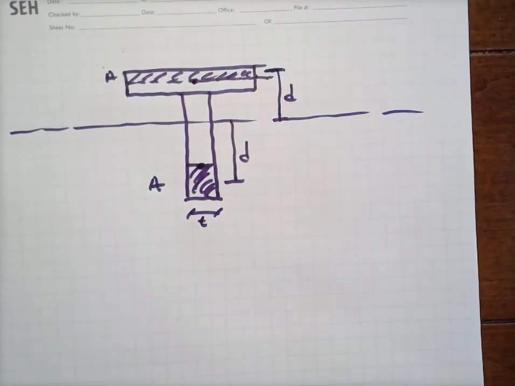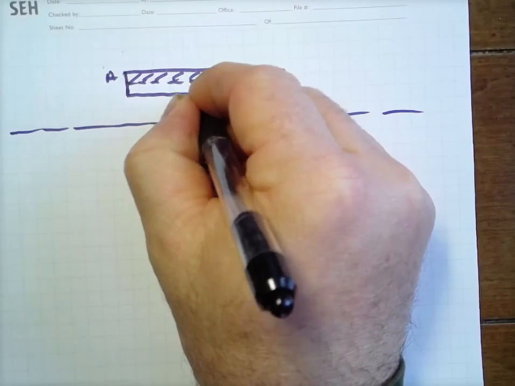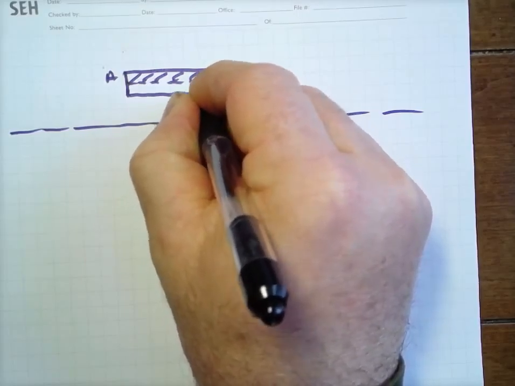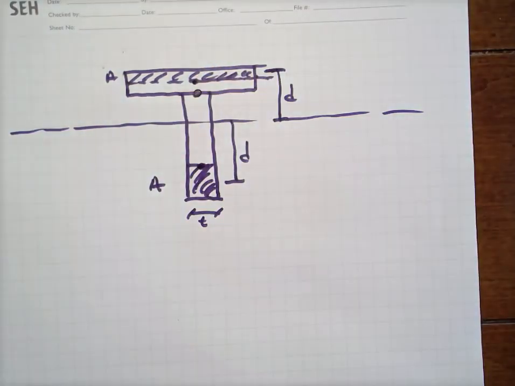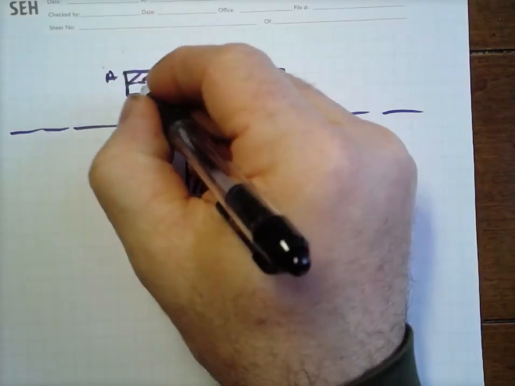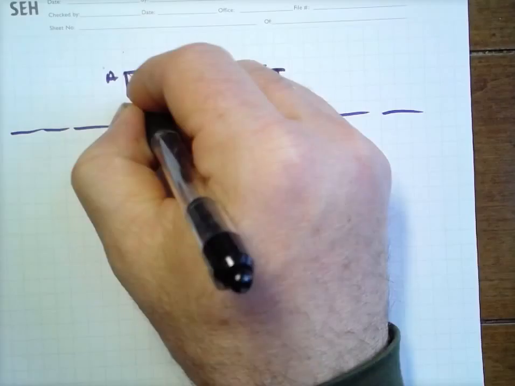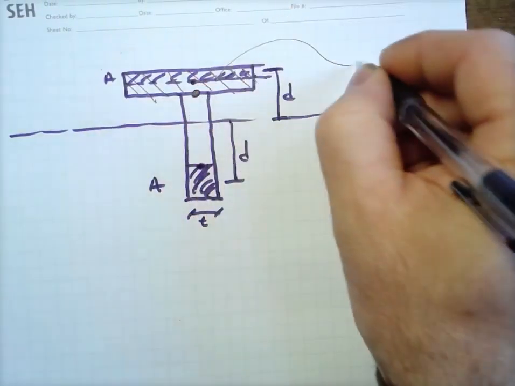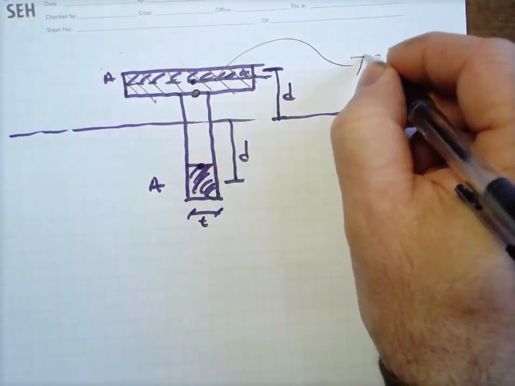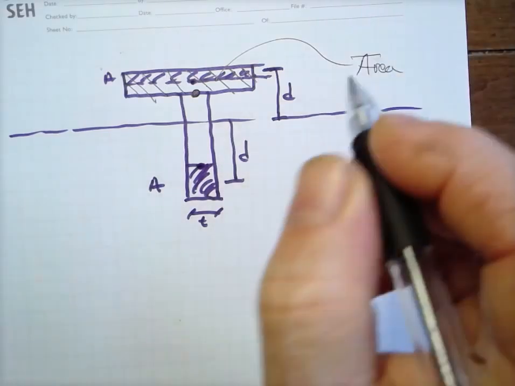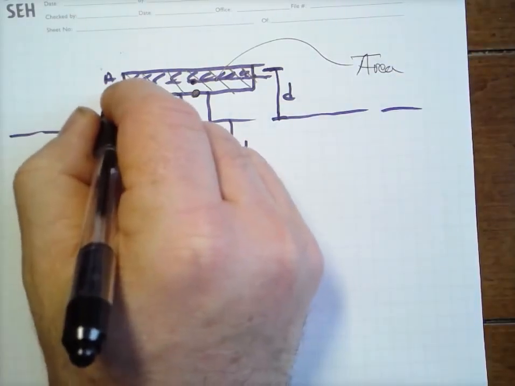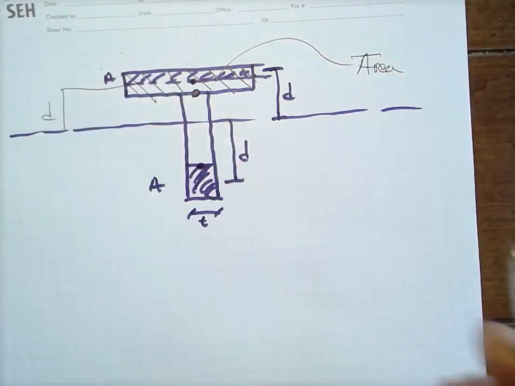One more fun one. Let me see if I can find a different color. What if I wanted to find the shear stress here? Well, first I'd have to find Q, and Q would be the area times the distance to the centroid.